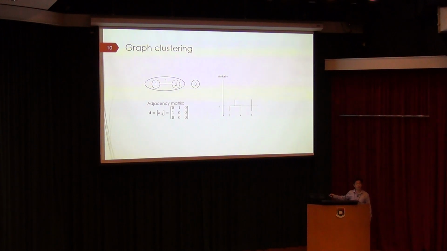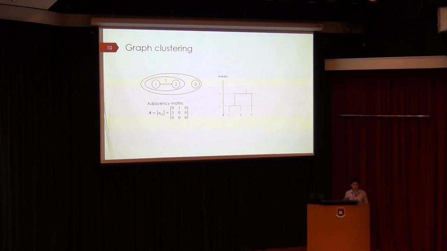But then the hierarchical clustering will further continue and reduce the similarity threshold to 0, and in that case, all the nodes will be grouped into one single cluster. So we get another dendrogram here. Okay? So it is very easy for this simple example, but then the question is, if we have larger graphs with many more nodes and many more connections, can we do it?